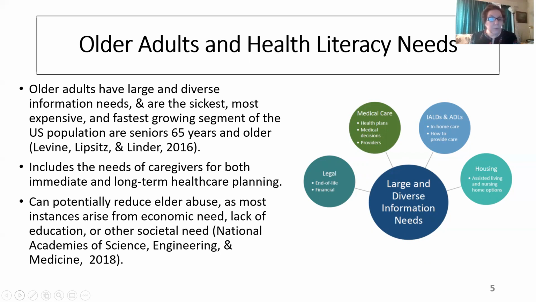And they also have caregivers who may also be making healthcare decisions on their behalf. Studies have shown that increasing health literacy can reduce elder abuse, because a lot of elder abuse arises not from maliciousness, but from economic need, lack of education, or some other societal need.